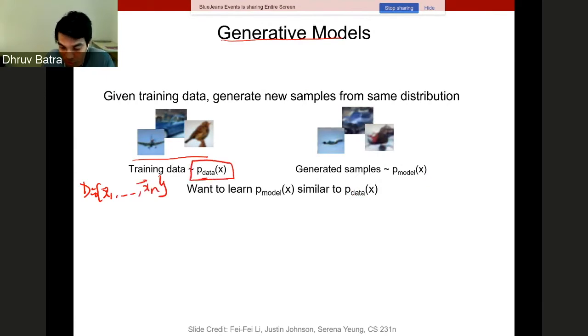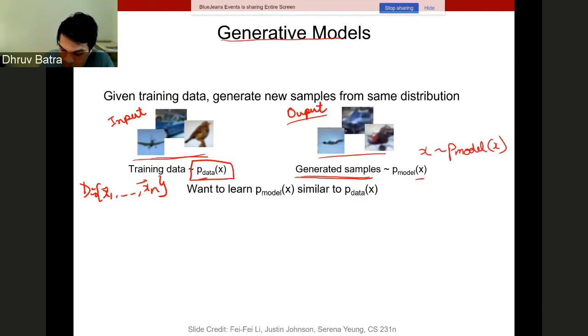We do not have access to P of data. We just have some samples from it. I like formulating things as input and output. So on the left is input, and on the right is our output. What I want you to do is to generate samples, X, from this P of model. I want you to generate new data that looks like the data that I have access to.